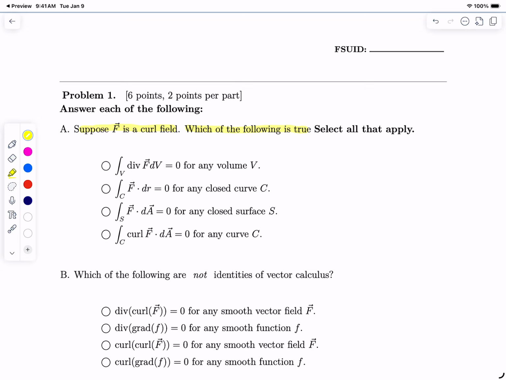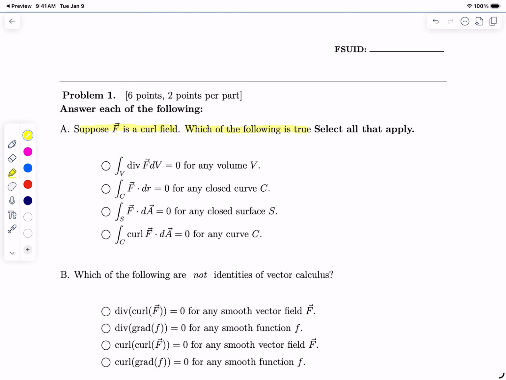First one. Why? If F is a curl field, then its divergence is 0. Is that so? Because if the divergence is 0, then F is a curl field.